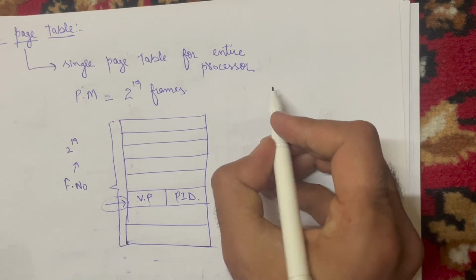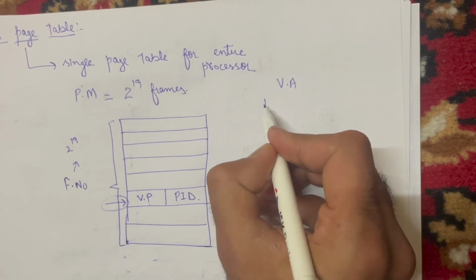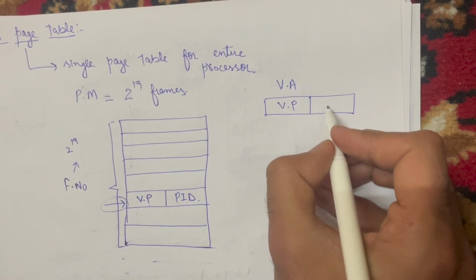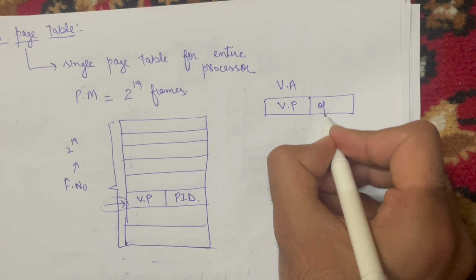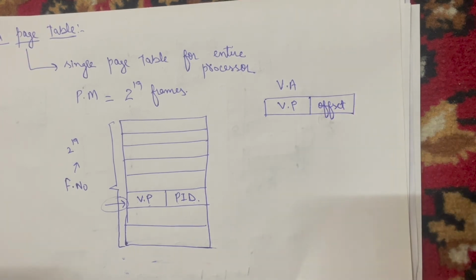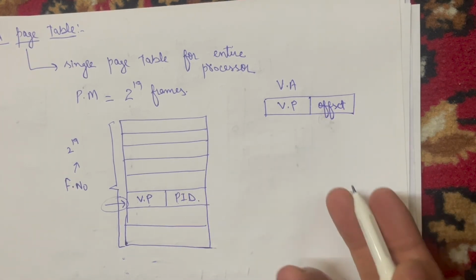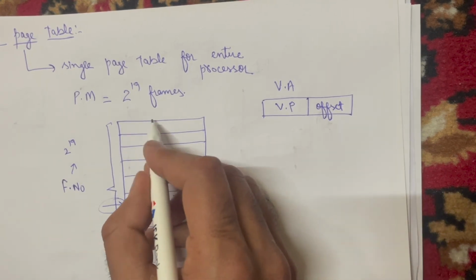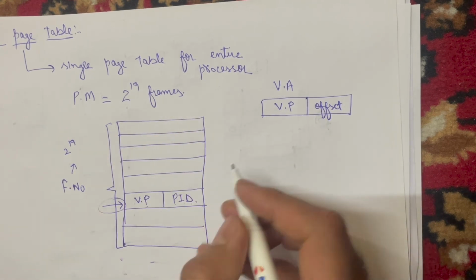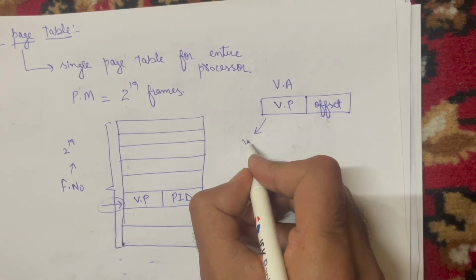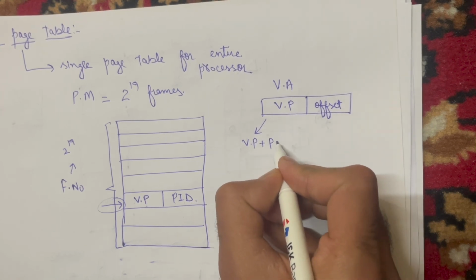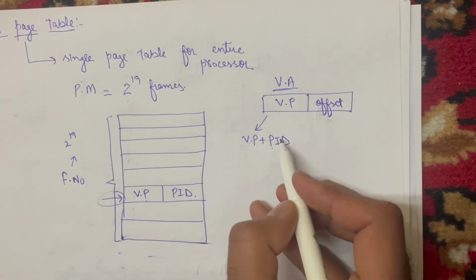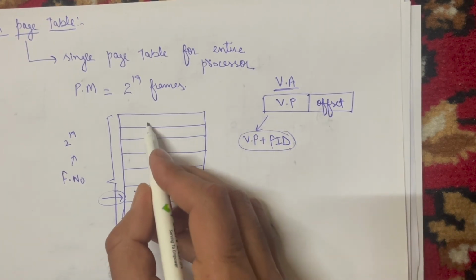So let's suppose now the virtual address comes. So a virtual address has how many parts? 2 parts. One is the virtual page number, second is the offset. So we have to convert this virtual page number into a frame number. Okay, what in this particular scheme are we going to do? To this inverted page table, we will send this virtual page number plus the process who has sent this virtual address, that is the process identifier, and we will search for these two in these entries.